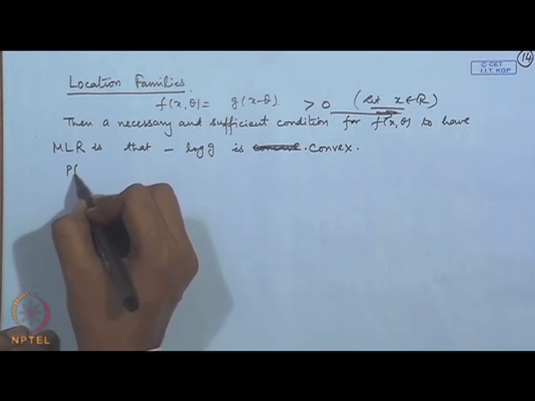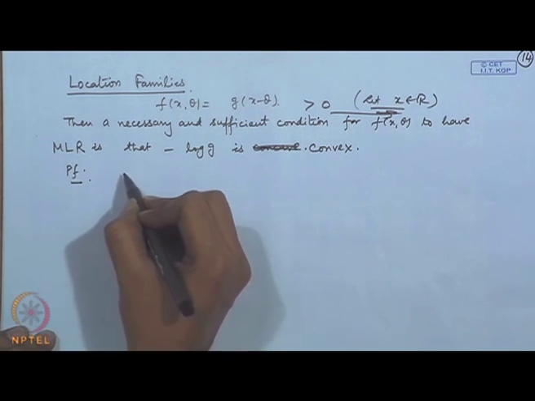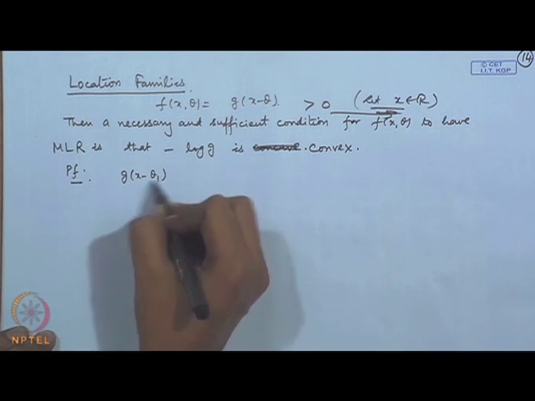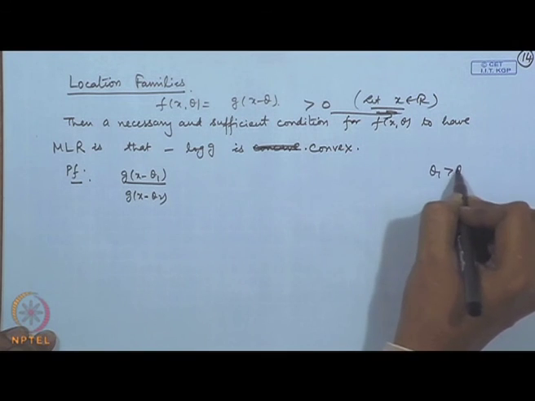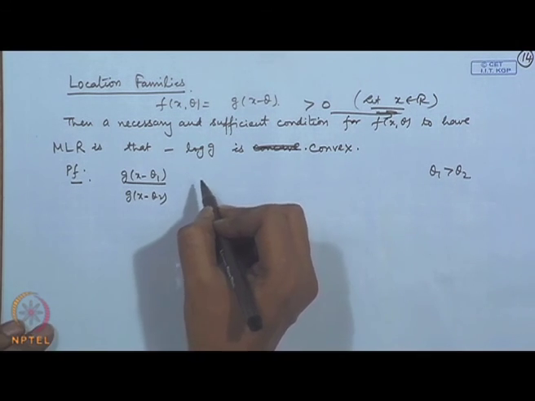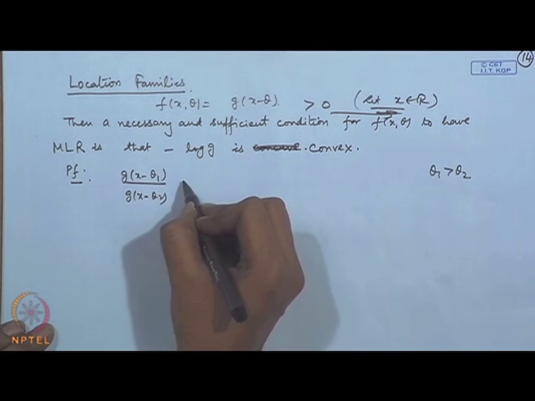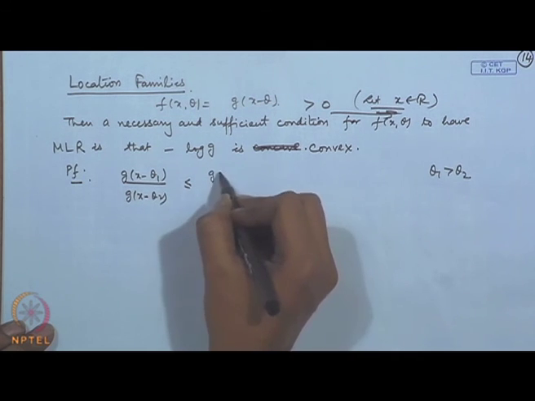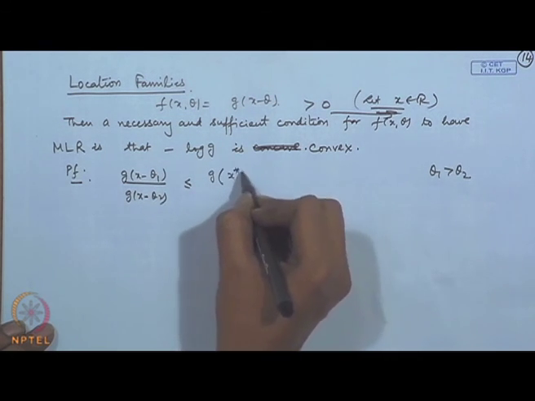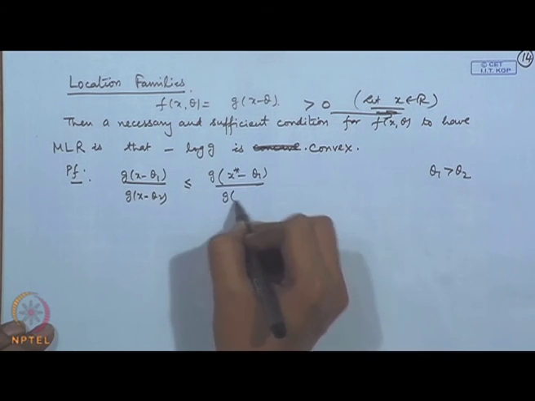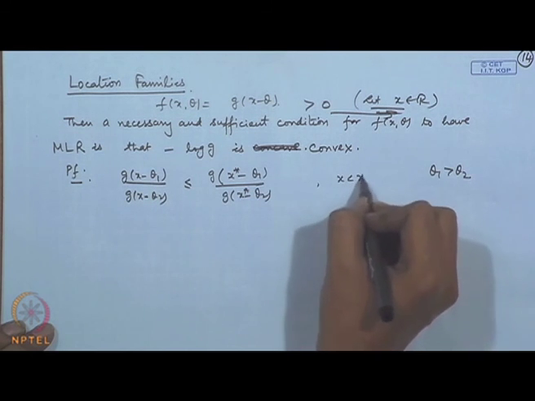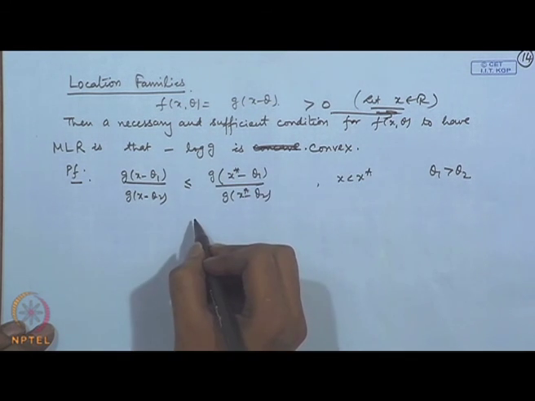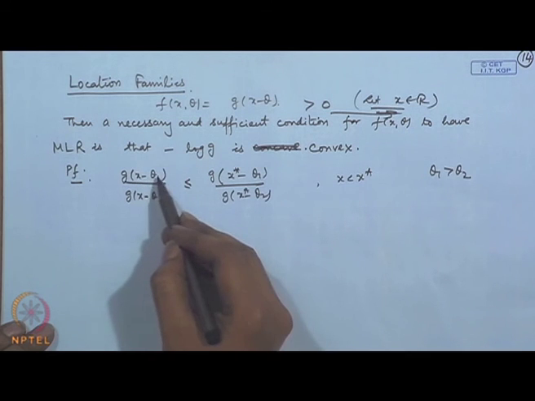This can be actually proved here. If I consider g(x minus theta 1) divided by g(x minus theta 2) where theta 1 is greater than theta 2, then we have to show that this is an increasing function of x. That means, if I consider x star, for x less than x star, this is what we should show for monotone likelihood ratio, that is, g(x minus theta 1) by g(x minus theta 2) is an increasing function.